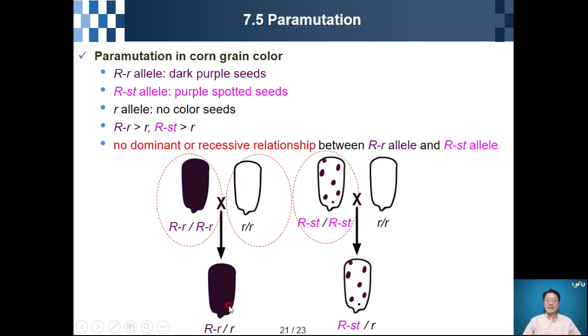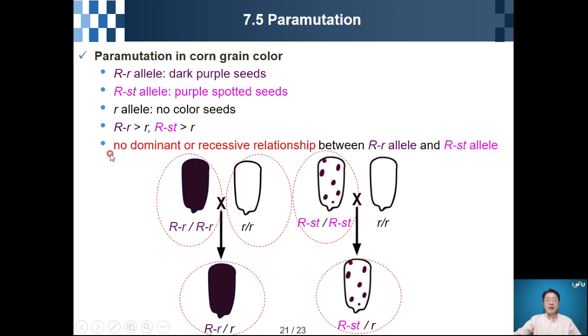That's why, in the case of large R dash small r over small r, the phenotype is the dark purple seed. And in the case of large R st over small r, because it is dominant over small r, the phenotype is the purple spotted seed.